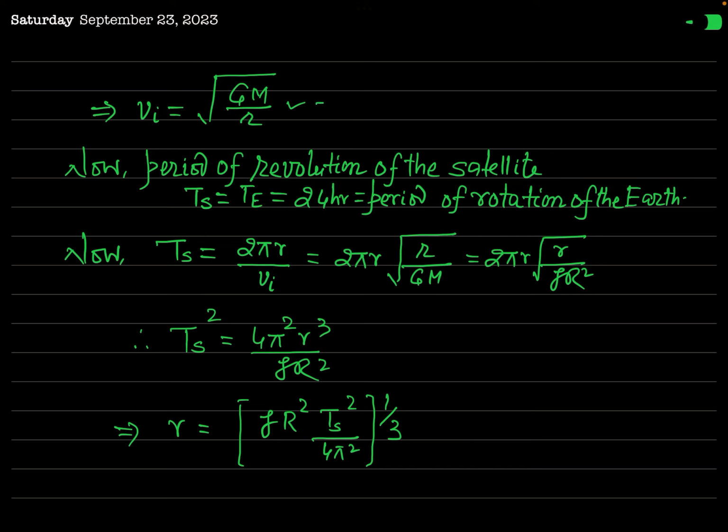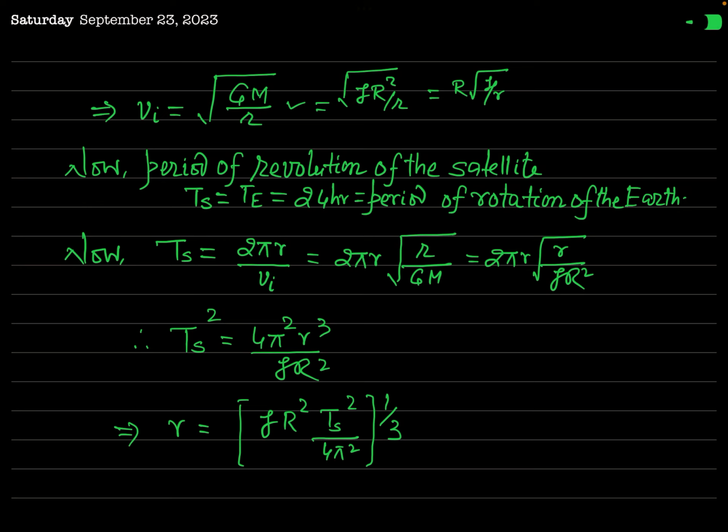And you can also write this, as you know GM is equal to gR square, divided by this small r. So this is R times root over g by small r. This is the velocity of the geostationary satellite in its circular orbit, whose radius is r.